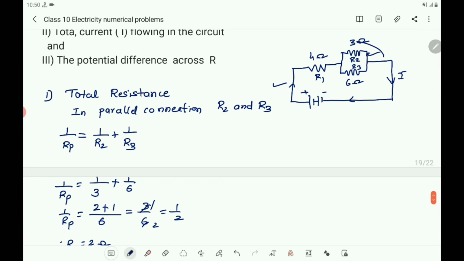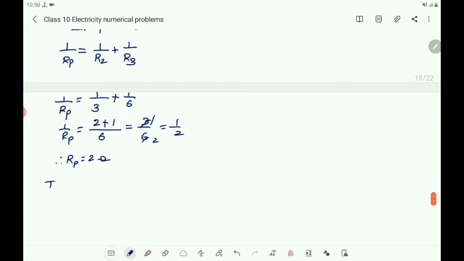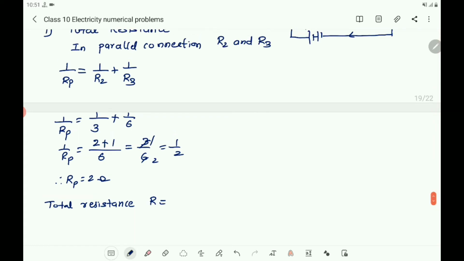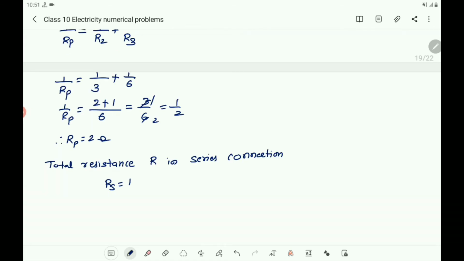Next, this Rp and this R1 are in series connection. So the total resistance in series connection, that is Rs equals R1 plus Rp.